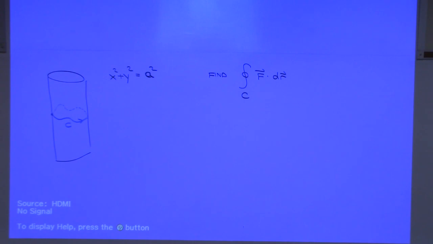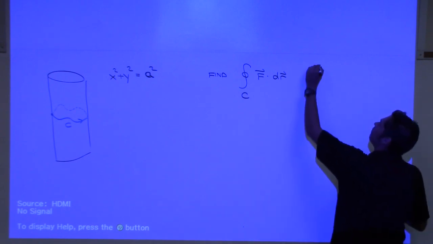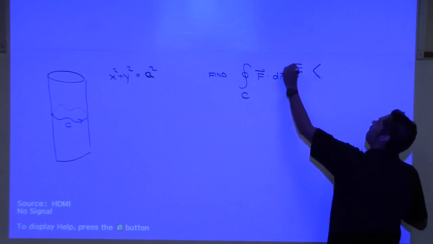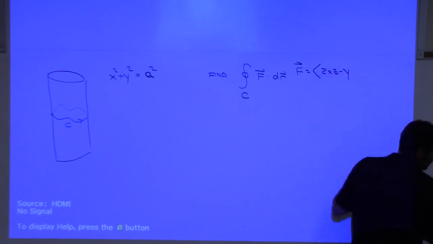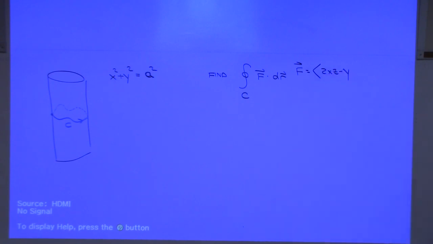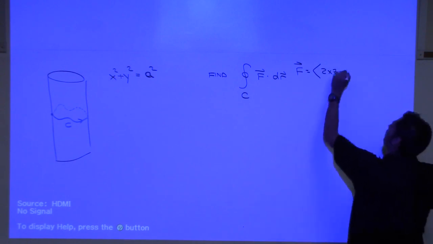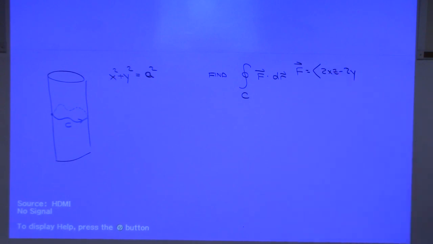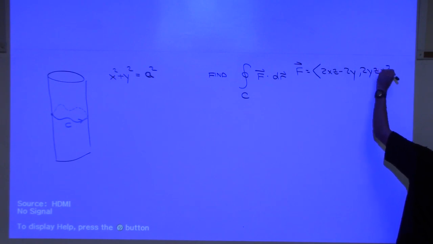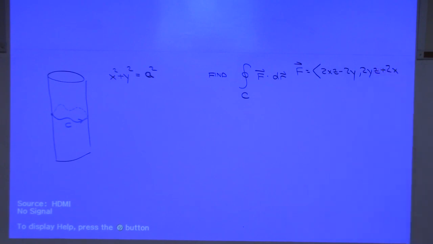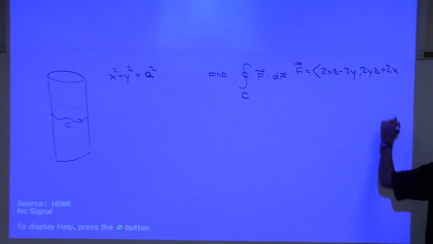Okay, you ready? I'm going to give you the vector field: 2xz minus 2y, 2yz plus 2x, x squared plus y squared plus z squared.